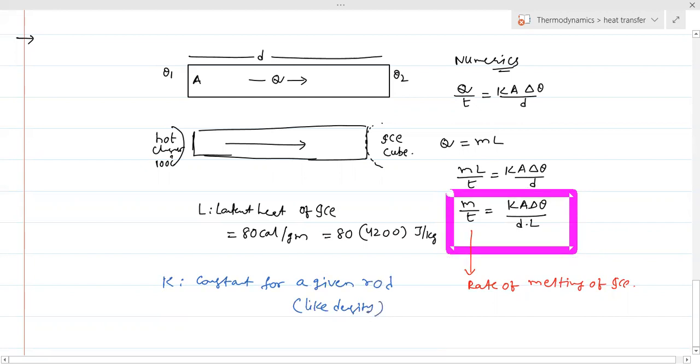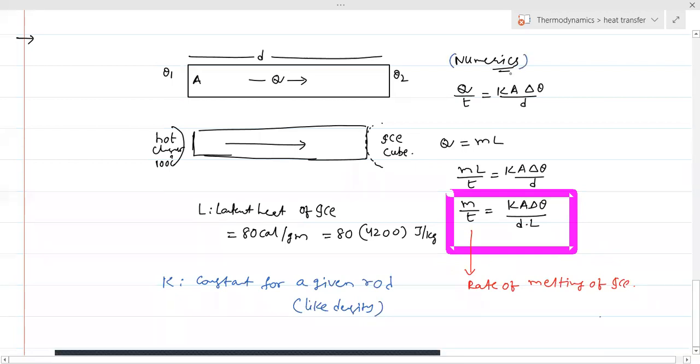As long as you take the same material, these are constant. So generally, we will use this Q by T equals K A delta theta by D approach for numerics.